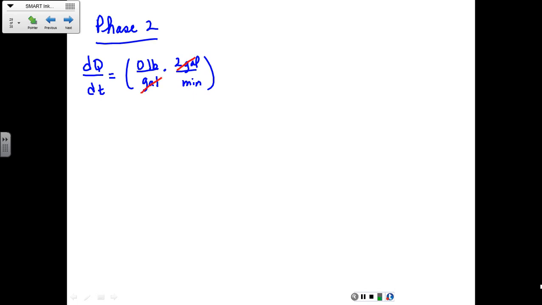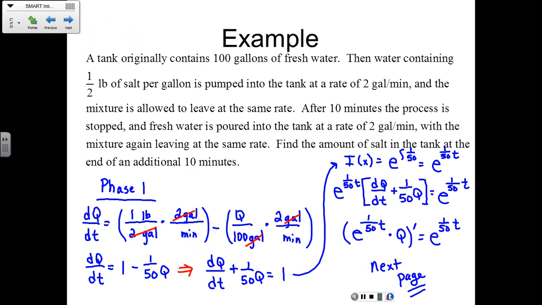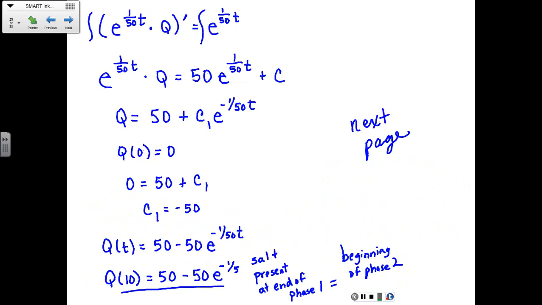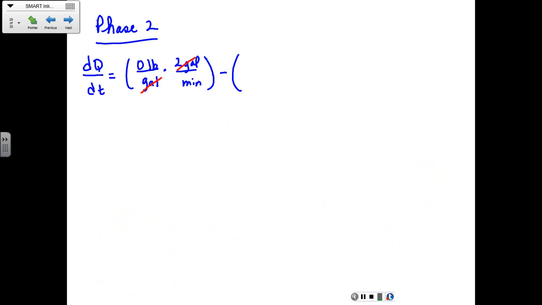But there's already some salt in the tank, so when it's coming out the other side, when it's leaving, there's going to be some salt coming out. Y'all agree with that? So minus, is it leaving at the same rate? Make sure it's leaving at the same rate. Okay. So same setup here. We don't know how much salt. Q pounds per, how many gallons was it?